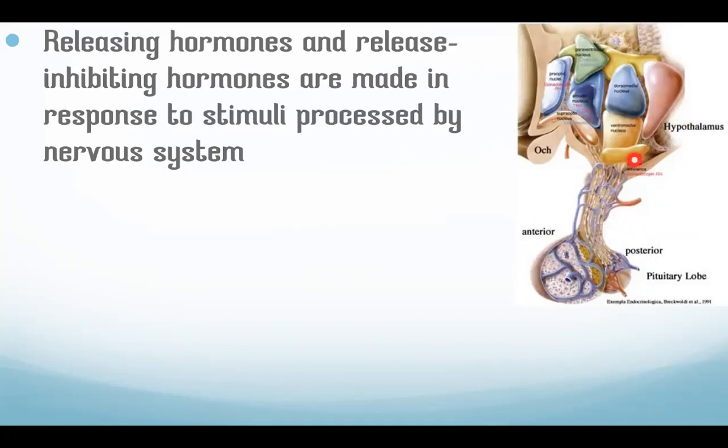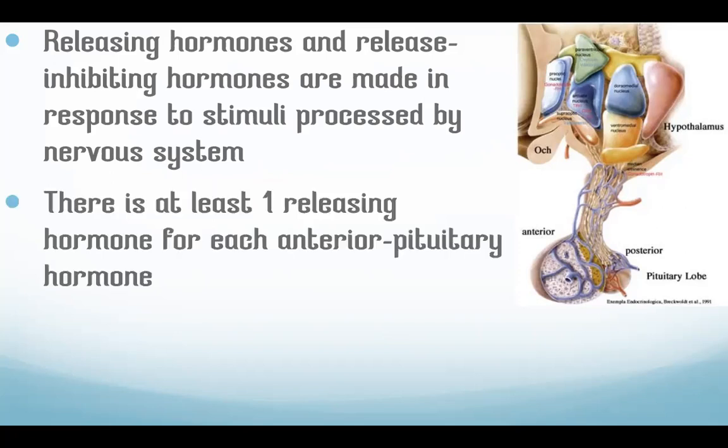So your hypothalamus is here. You're going to have, like I said, releasing hormones and release inhibiting hormones, the on switch and the off switch. These are made in response to stimuli processed by the nervous system, because of course, the entire monitoring system of your body is the nervous system.